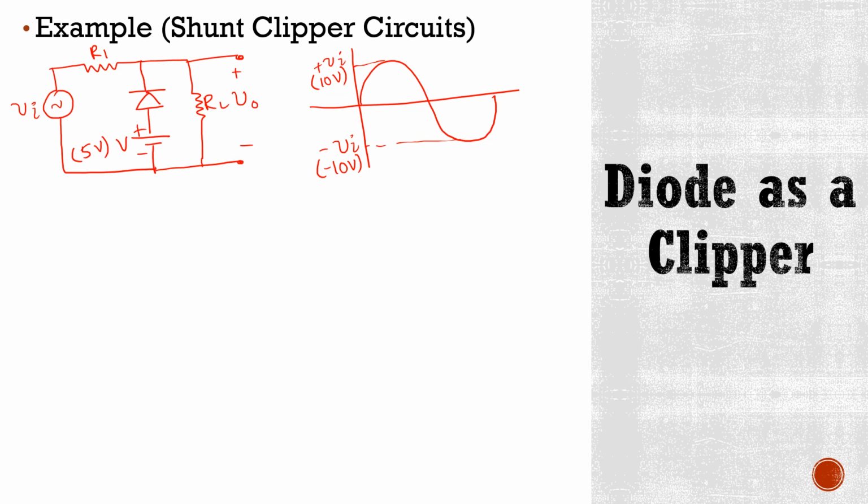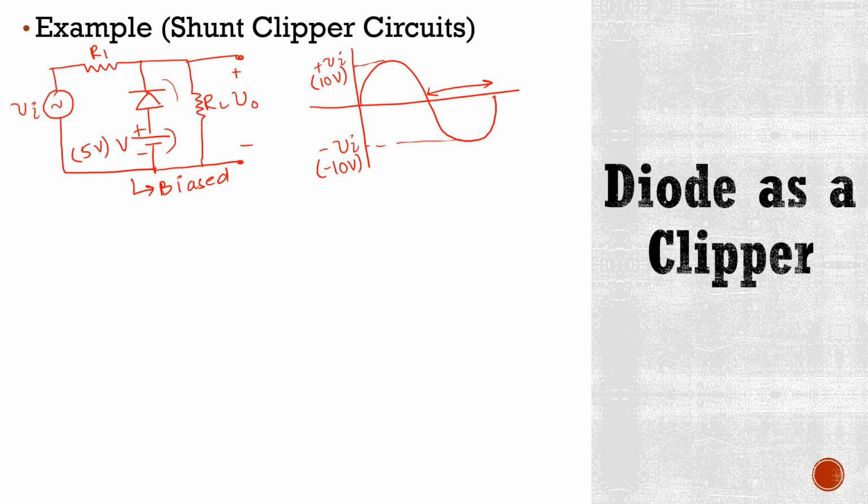So how are you going to start your analysis? Again, you will look at the direction of the diode, and we know that when the diode is connected in this direction, it will be on during the negative half cycle of the input signal. But here this additional DC battery is also connected. It means this circuit is biased, and this battery will also affect this diode.